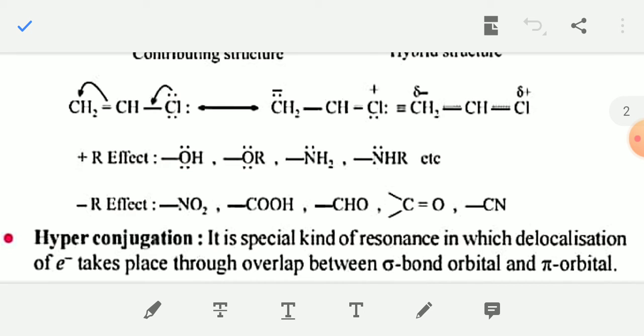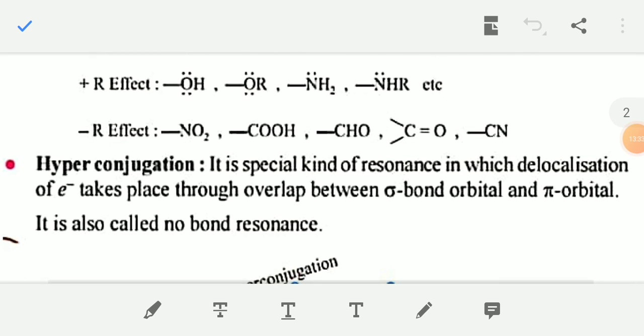Some compounds showing plus R effect have functional groups like OH, OR, NH2, NHR, etc. These are showing plus R effect. And minus R effect like NO2, acid group, CHO, C double bond O, CN minus. These have minus R effect.